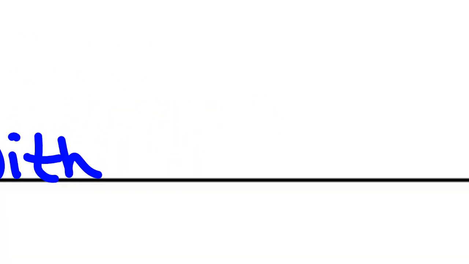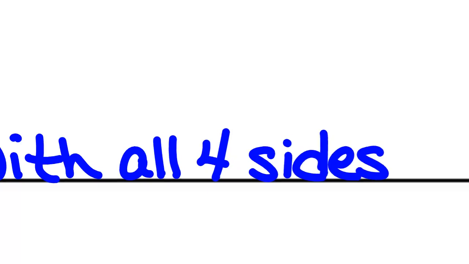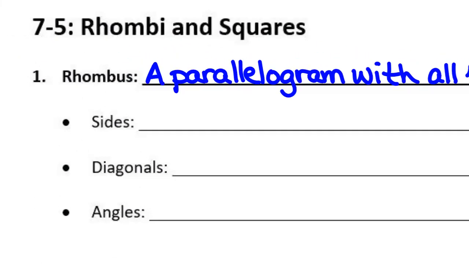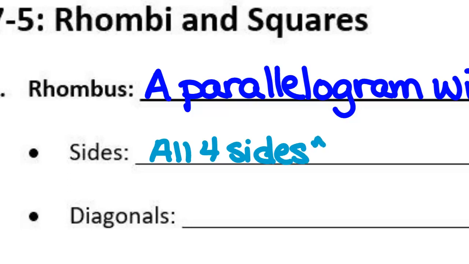A rhombus is a parallelogram with all 4 sides congruent. So that's the first thing I'm going to write for the properties on sides for our rhombus. All 4 sides are congruent.